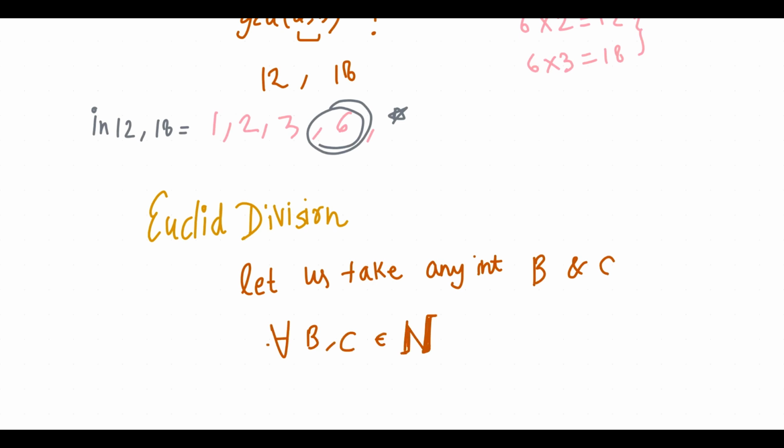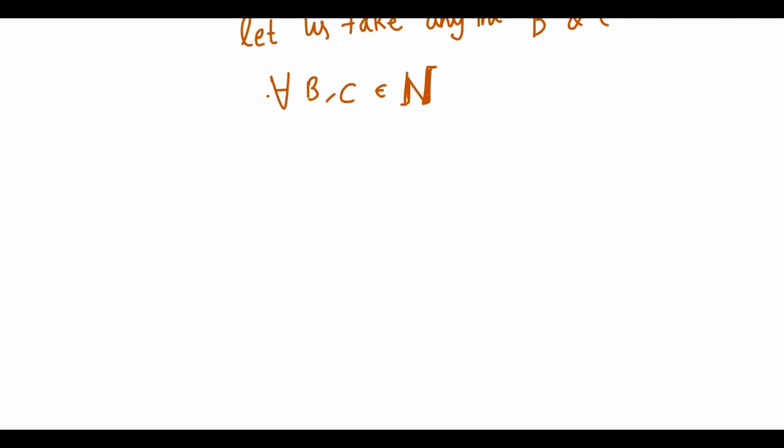So what happens if we divide b by c? We can write b equal to c into some integer q1, and it gives a remainder, let's say r1.